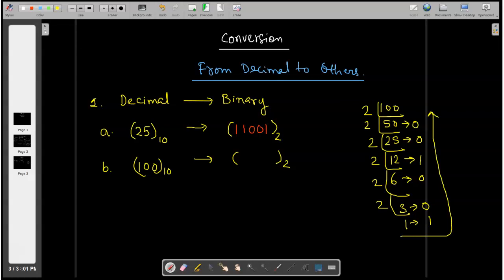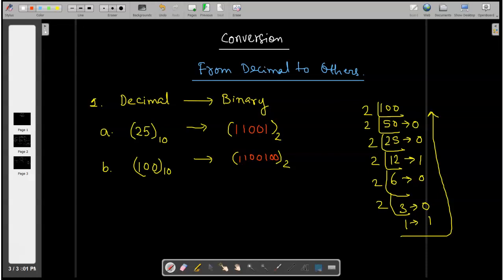From bottom to top. So what will be the number? It will be 1 1 0 0 1 0 0. Alright, so this will be the corresponding binary number of the decimal number 100. I hope it is clear to all of you, right? You need to practice a lot of these conversions to get it clear.